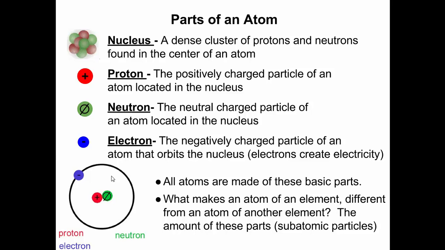And what makes an atom of an element different from an atom of another element is the number of these parts, or subatomic particles. So every atom of oxygen is going to have the same amount of protons. And if it had more or less protons, it would be a different element.